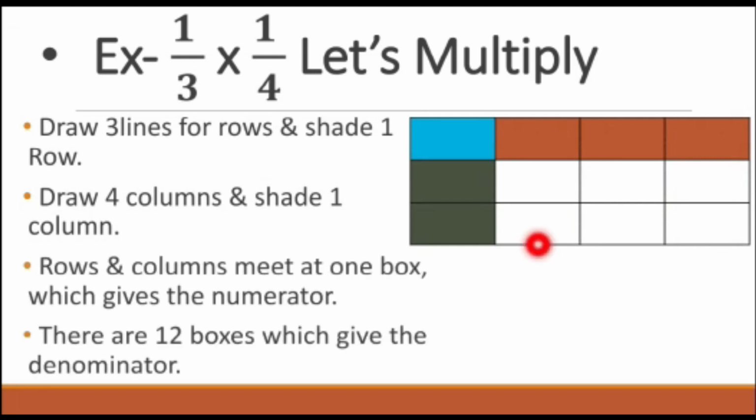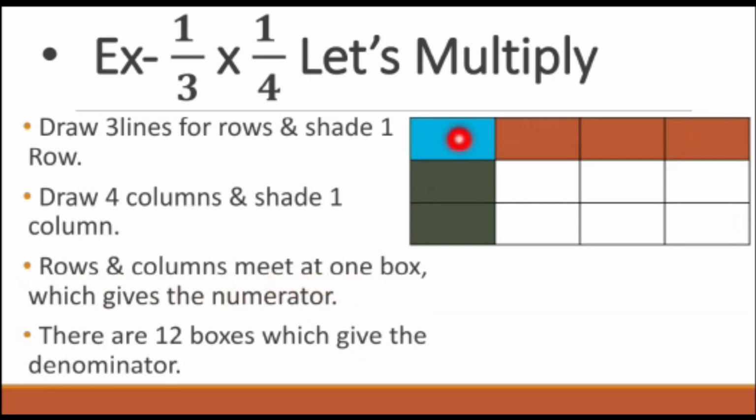Now we can see that rows and columns meet at one box. The rows and columns are meeting in one box, right? And these are 12 boxes, which give the denominator.